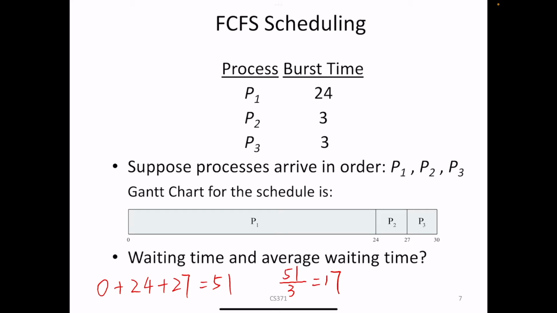We add all the waiting times together, which is 0 plus 24 plus 27, which equals 51, as I have written at the bottom of this slide. Then divide 51 by 3, since we have 3 processes. Therefore, the average waiting time is 17.